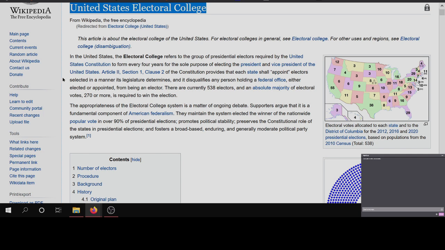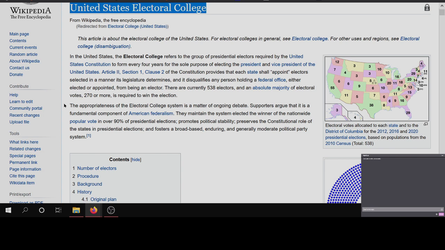Selected in a manner its legislature determines, and it disqualifies any person holding a federal office, either elected or appointed, from being an elector. There are currently 538 electors, and an absolute majority of electoral votes, 270 or more, is required to win an election. The appropriateness of the electoral college system is a matter of ongoing debate.